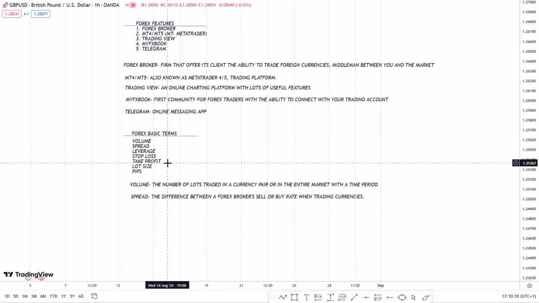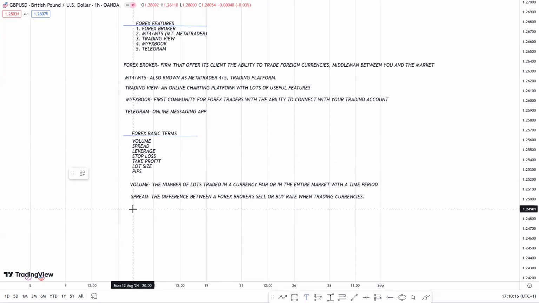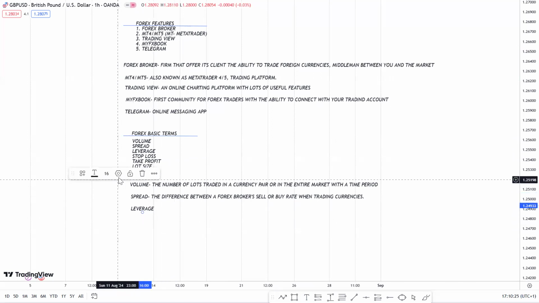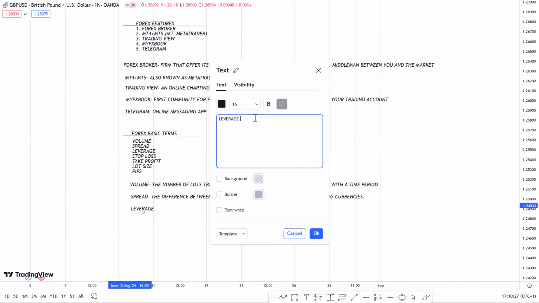It can charge you different types of spread depending on the economic condition of the currency pair you're trading. So the next one we have here is leverage. All this information is important because it will help you determine the currency pair you'll be looking to trade long term, the type of spread they charge, and how much you will be charged.